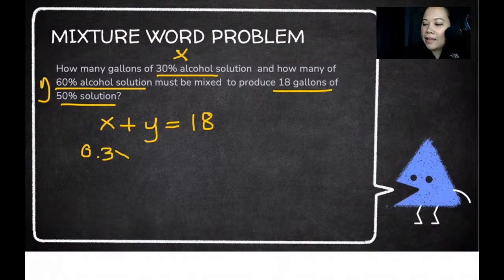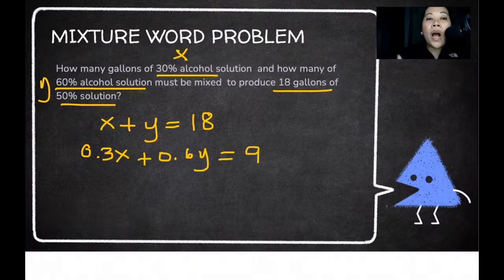0.3x, 30% of my x, plus 60% of my y, I'm making it into decimal equivalent, should be equal to 9. Why 9? Why is it of all numbers 9? Because it says here that it produces 18 gallons of 50%.